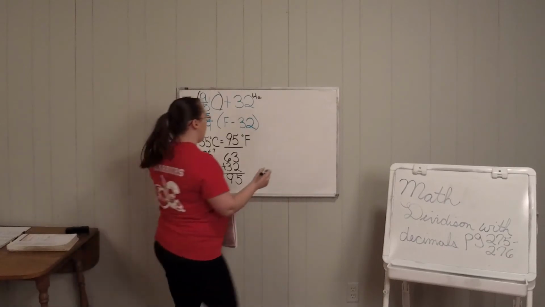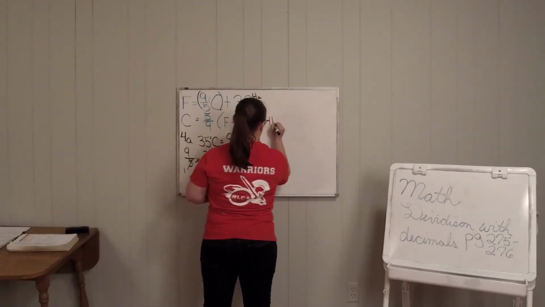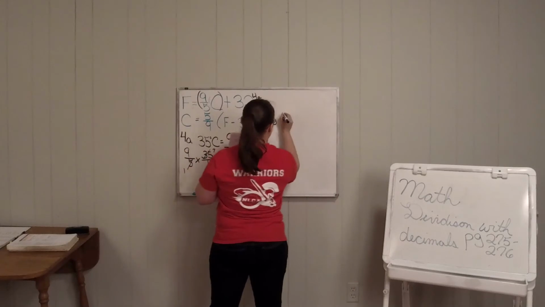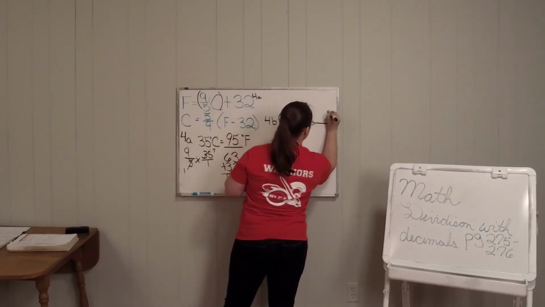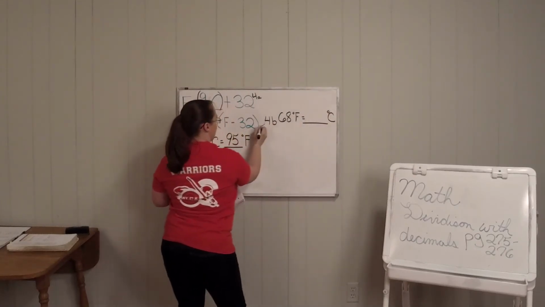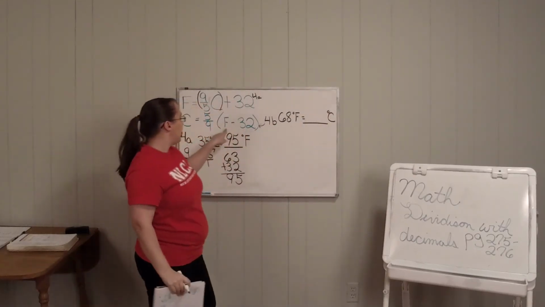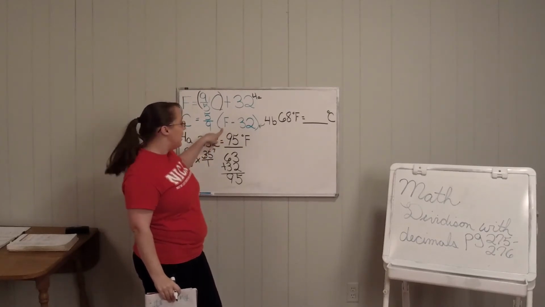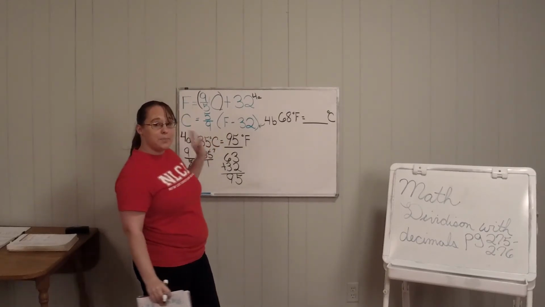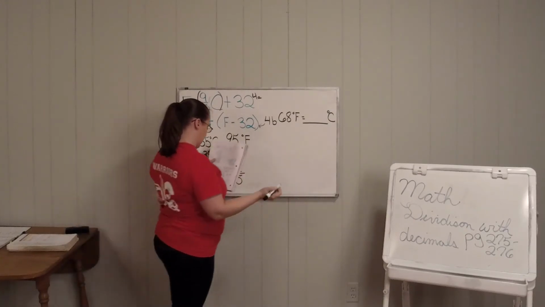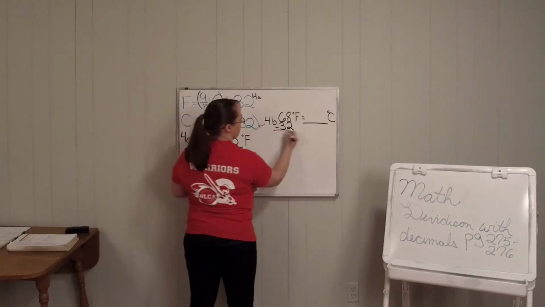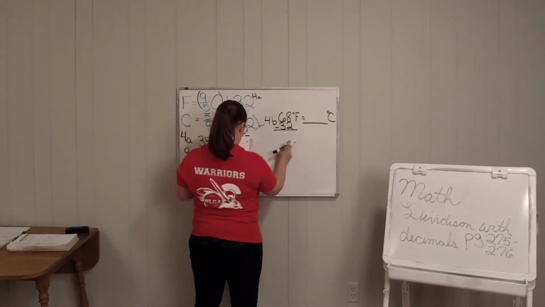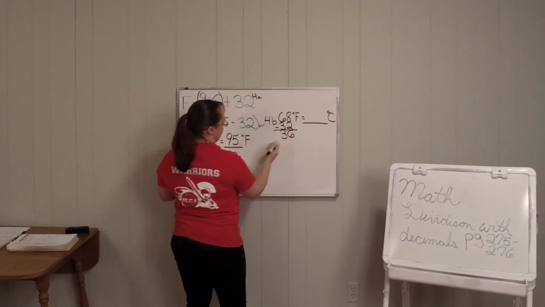So now let's look at 4b. It says 68 degrees Fahrenheit equals what degrees Celsius? So that means we're going to use this one. We're given our Fahrenheit, so we have to plug our Fahrenheit in here to get our Celsius temperature. So you're going to say 68 minus that 32. 8 minus 2 is 6. 6 minus 3 is 3, so 36.